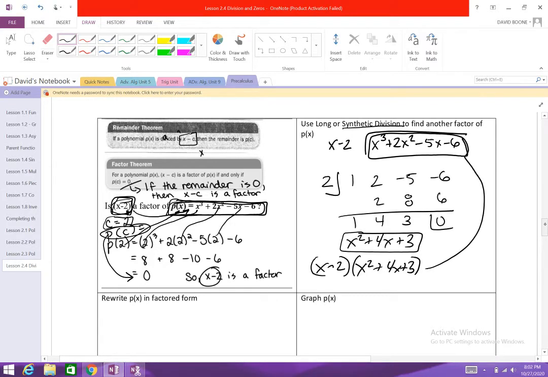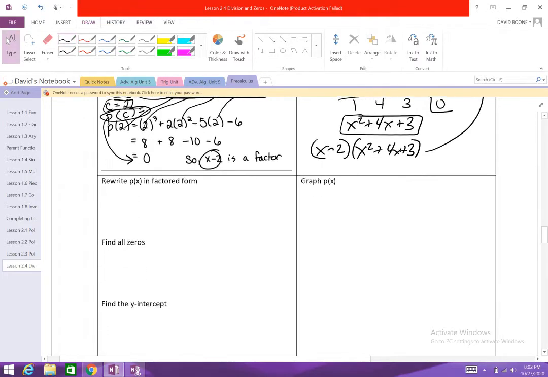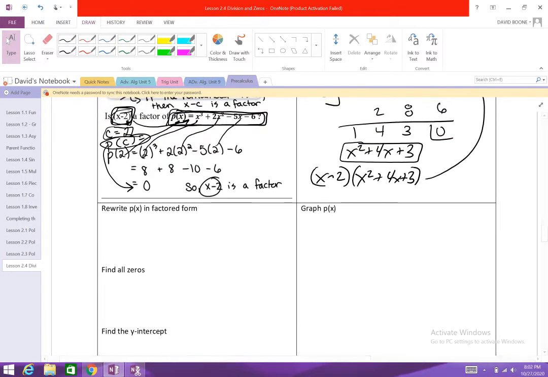So that's what's going on in this next step, writing it in factored form. We're going to take this p of x that we had right up here and write it in factored form. We've almost got it totally factored. Right now we've got p of x equals x minus 2 times x squared plus 4x plus 3.